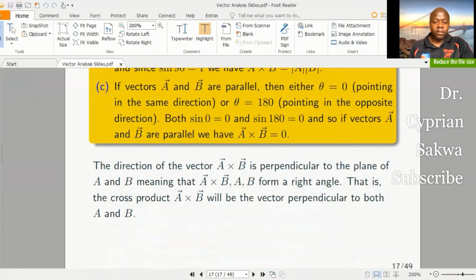And the other thing that I've noted here is the direction of the cross product, which I had already mentioned: the direction of the cross product will always be perpendicular to the plane of the two vectors.